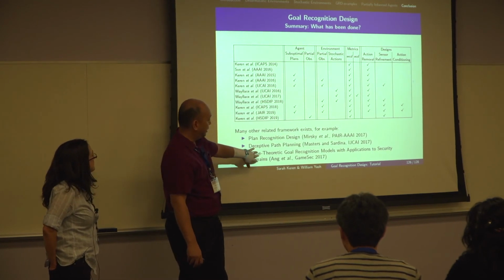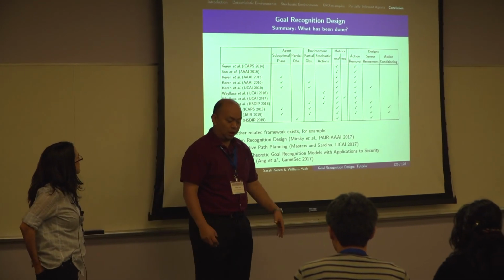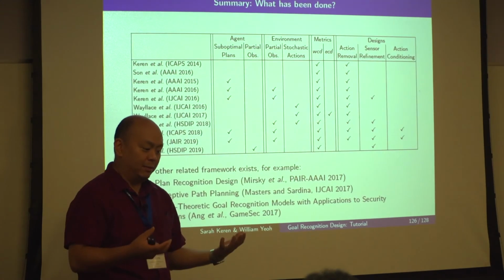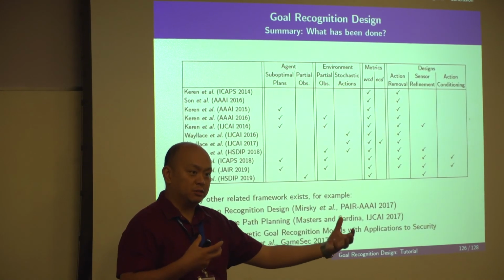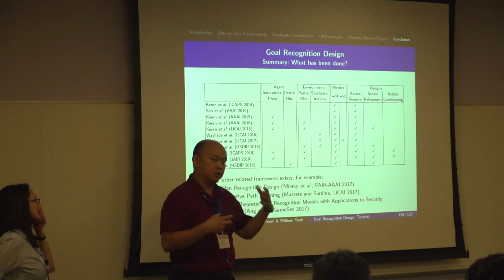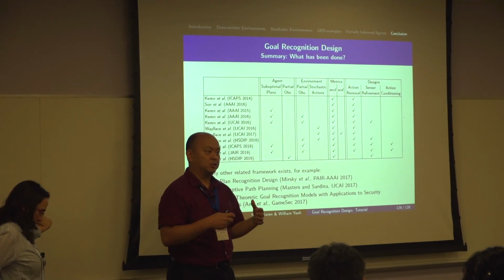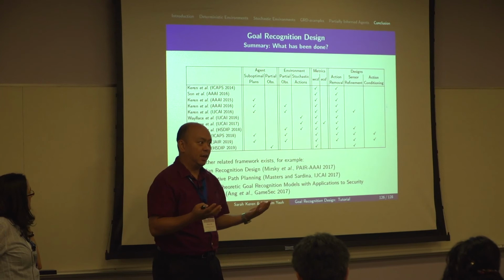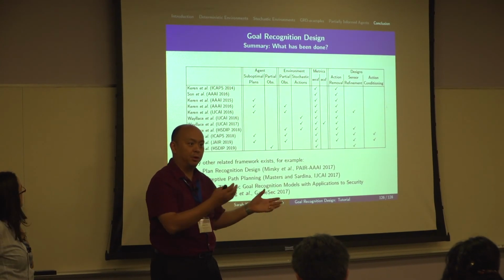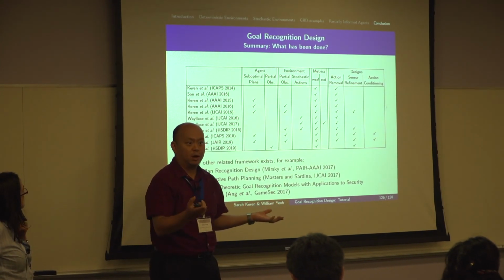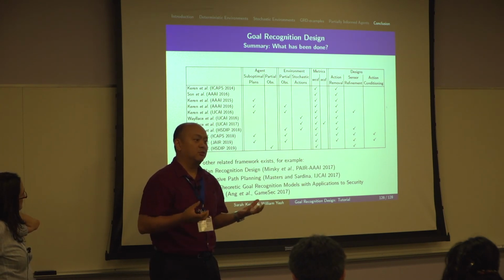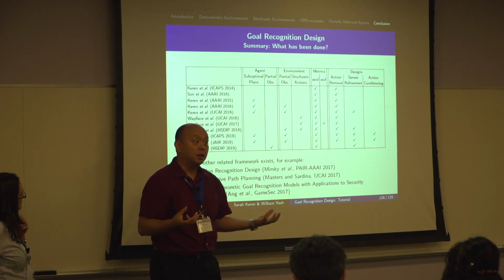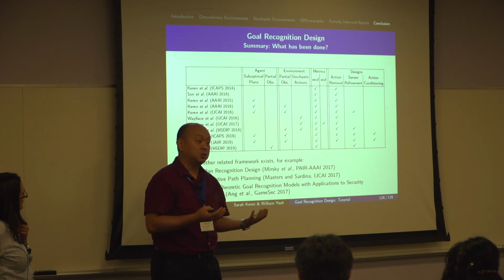The goal recognition setting here was kind of like an online game. You have the agent and the recognizer, the observer. The agent is trying to get to a particular goal. And imagine this is a terrorist application. If he gets to the goal, he gets to bomb the airport. You need to figure out which terminal they want to bomb. And then the defender or the observer can shore up defense or resources at the different terminals, but they only have a limited amount of resources to shore up.